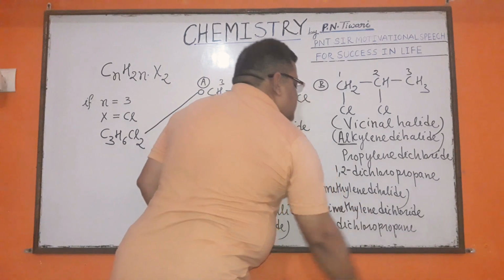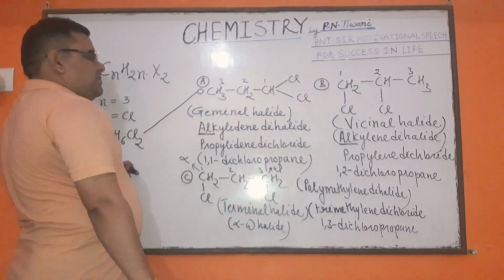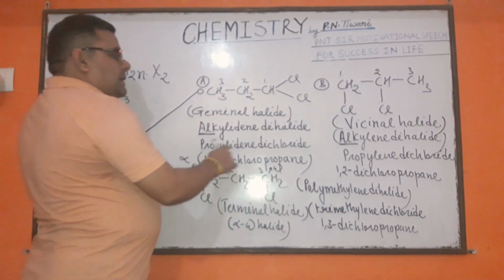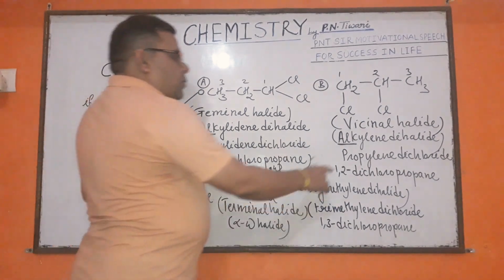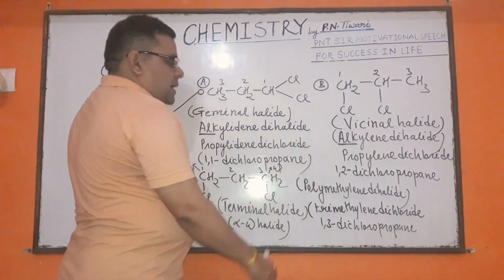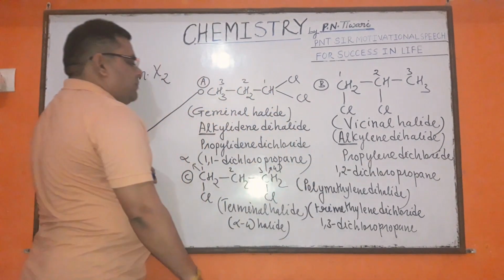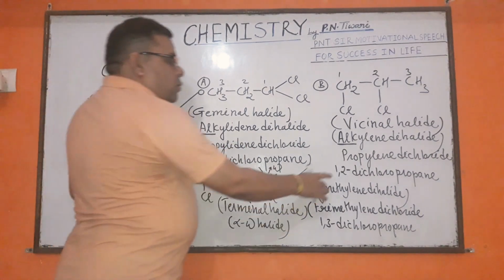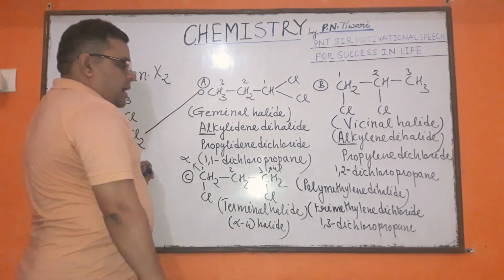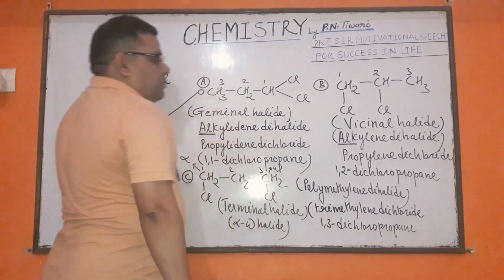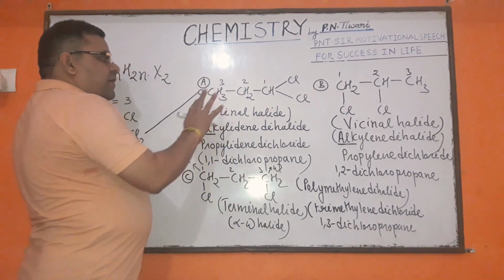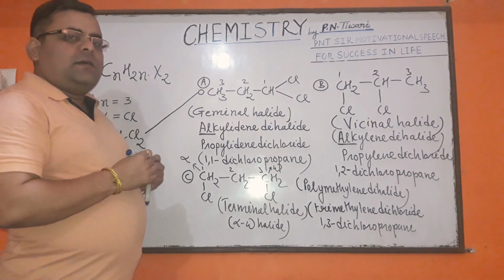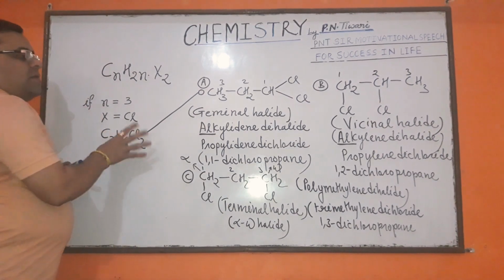So my dear students, what is the basic difference between propylidene dichloride, propylene dichloride and trimethylene dichloride? What is the basic difference between 1,1-dichloropropane, 1,2-dichloropropane and 1,3-dichloropropane? They have the different position of chlorine element, but they have the same molecular formula.